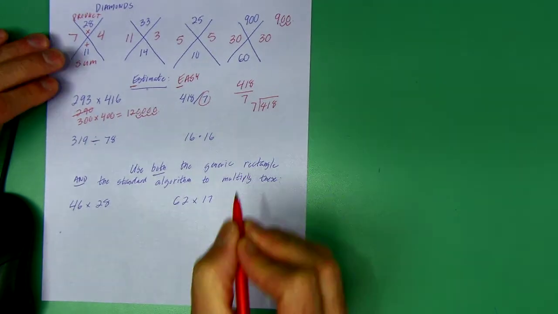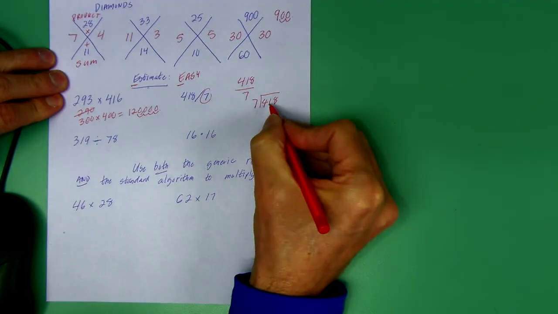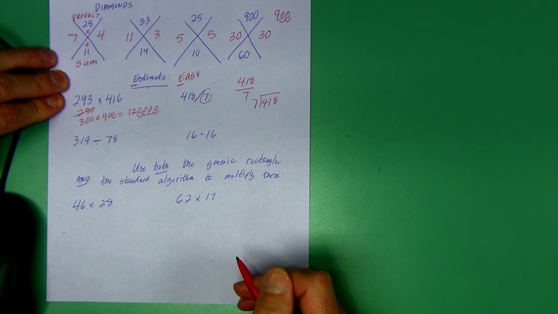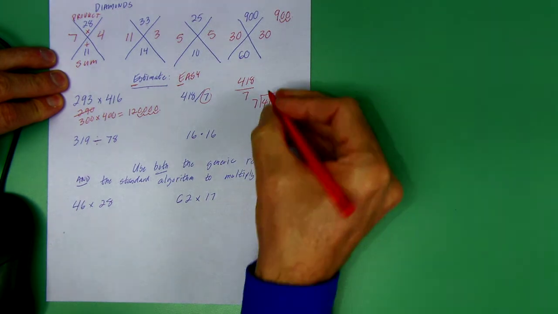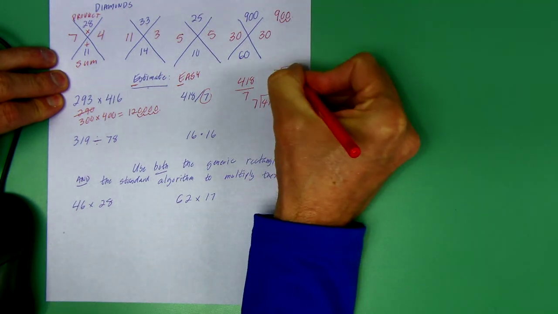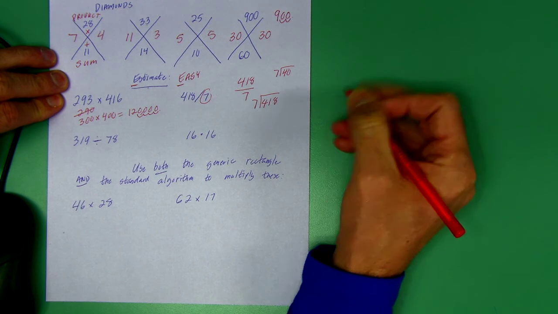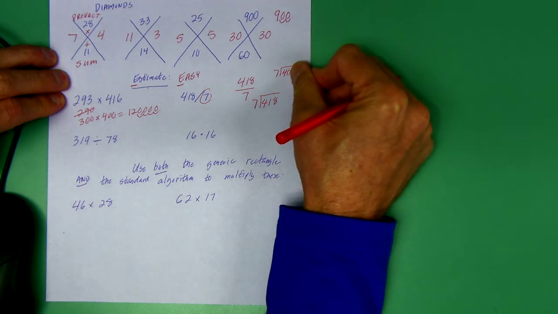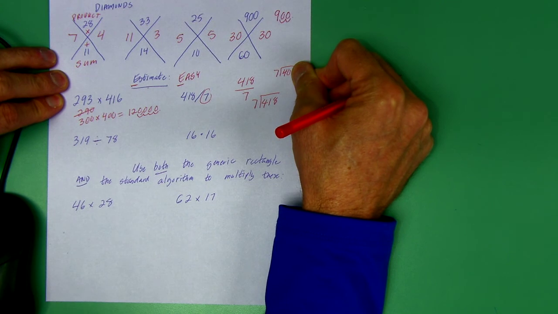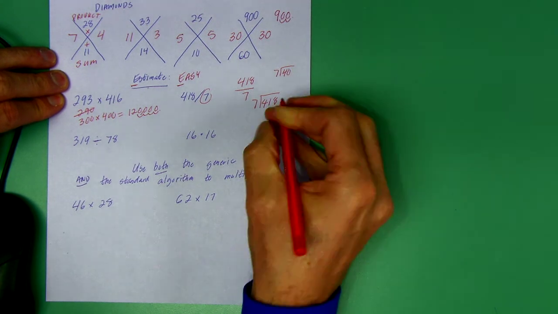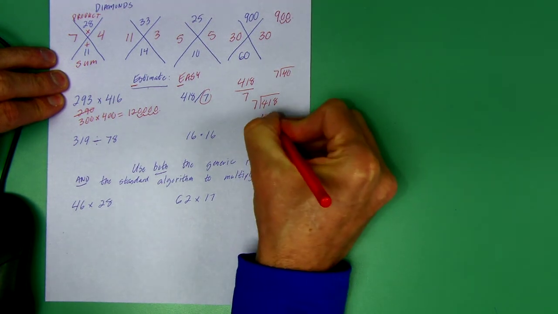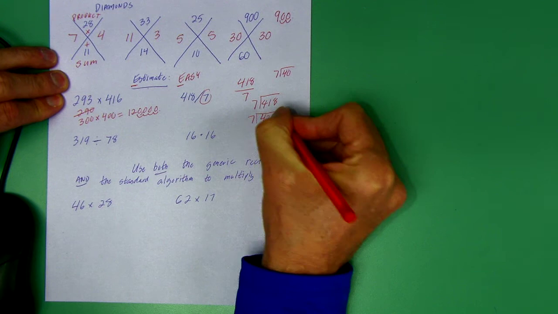Now, here's a cool thing. A lot of people want to round this to 400. But 400 will not help me because 7 does not go into 40 evenly. What number close to 40 does 7 fit into? If you said 42, you know your facts pretty good. We want to change this to 420 because 7 goes into 42 perfectly.